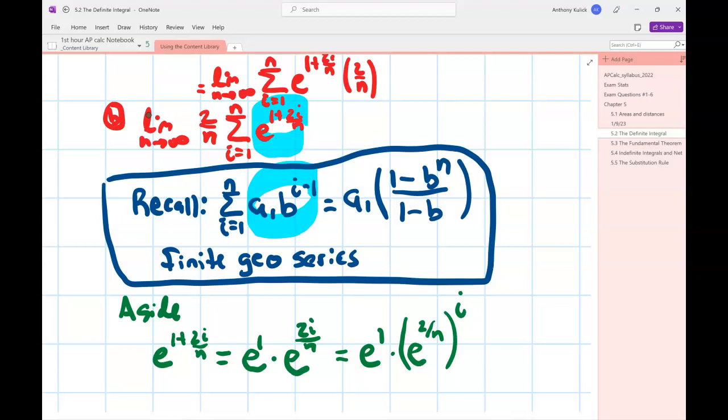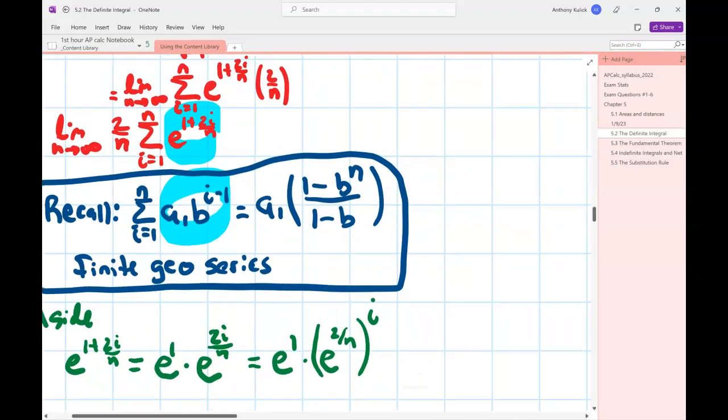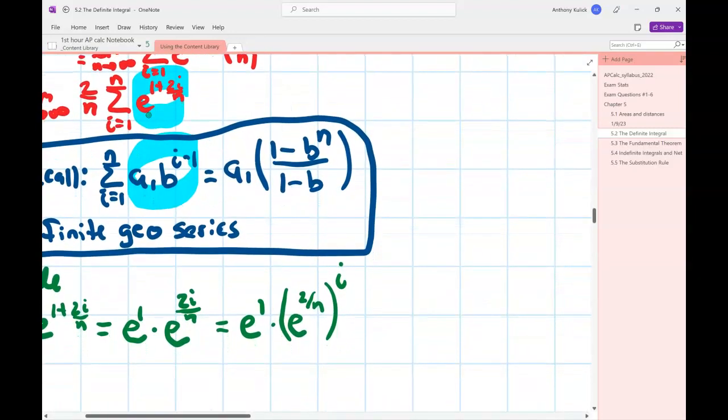Is everybody okay with that? And now I'm going to just tack a plus 1 and a minus 1 on the end, because that's the same as doing nothing. I can always do something like that, right? And then I'm going to pull the plus 1 out.